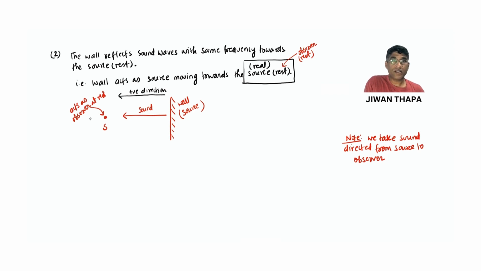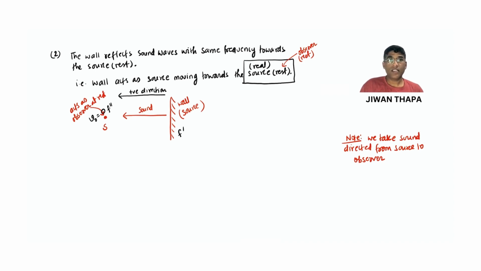Now what do you find? V naught is 0, okay? So we have this, and it is emitting sound of frequency f dash. And the observer is listening to apparent frequency f double dash.